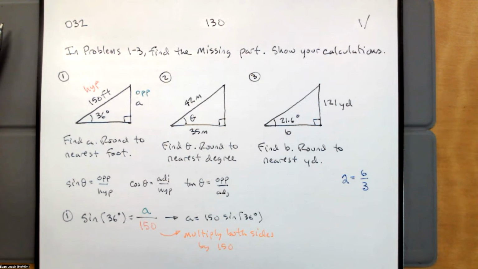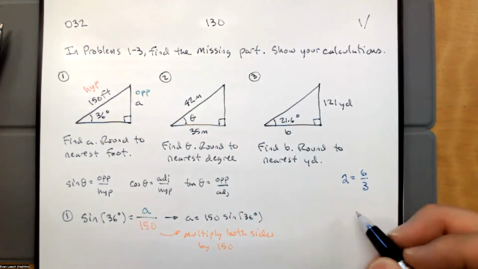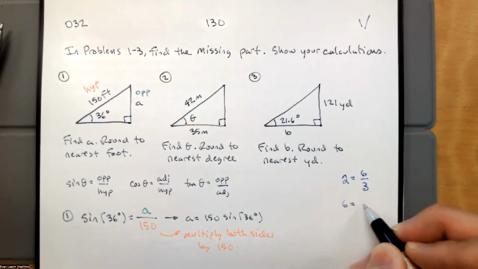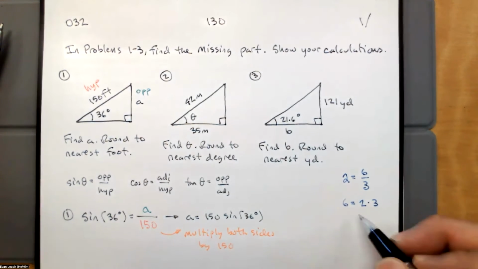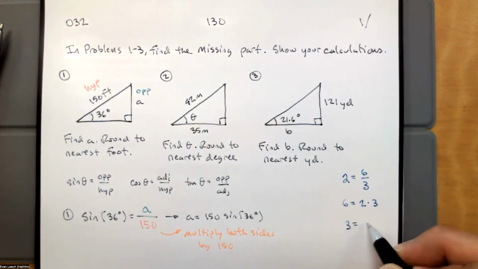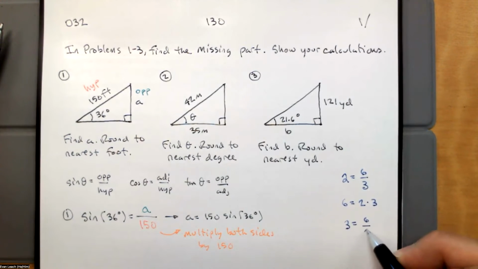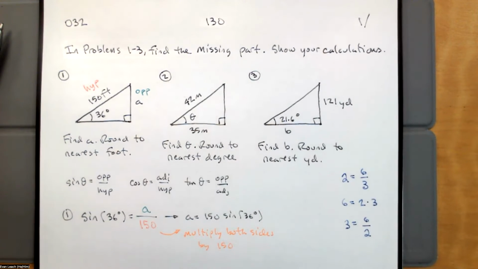This means that 6 is equal to 2 times 3. That's just the same information rearranged. We could also write this as 3 is equal to 6 divided by 2. This helps me keep things organized.